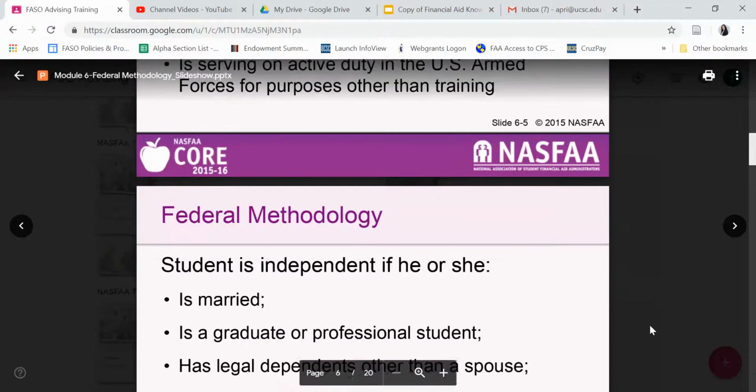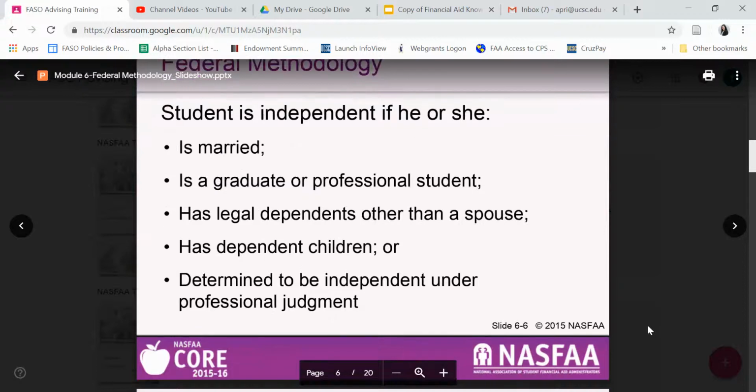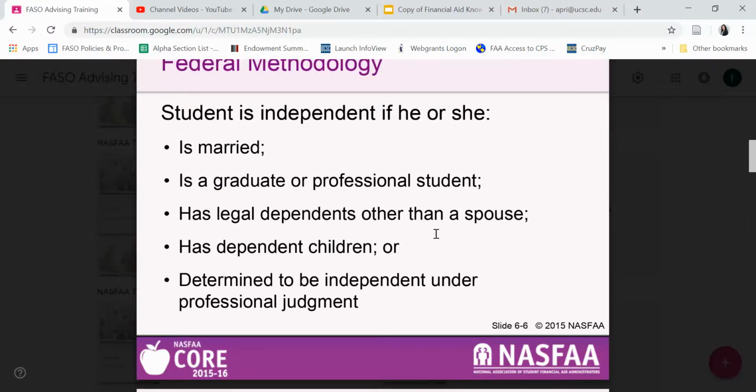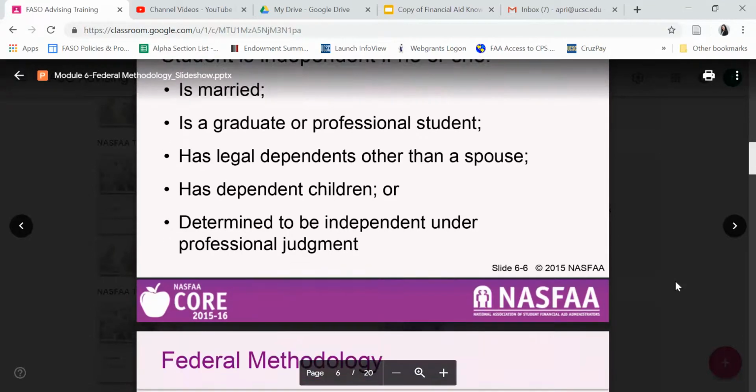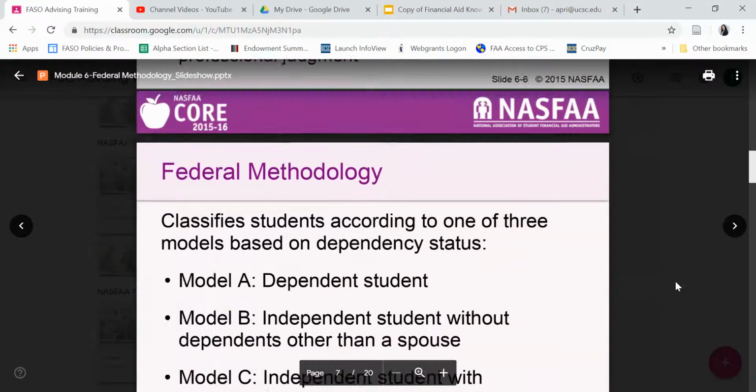Okay. If they're married, if they're going to be a graduate student, if they have legal dependents other than spouse or dependent children, or this last one is if we as financial aid professionals make a professional judgment and make them independent because of some sort of adverse home situation.